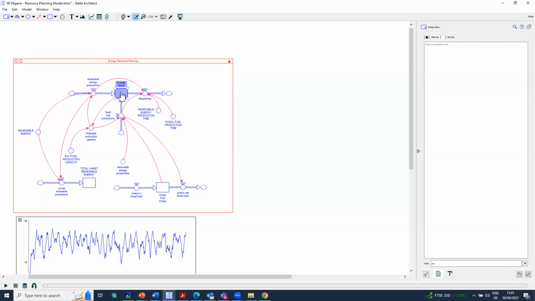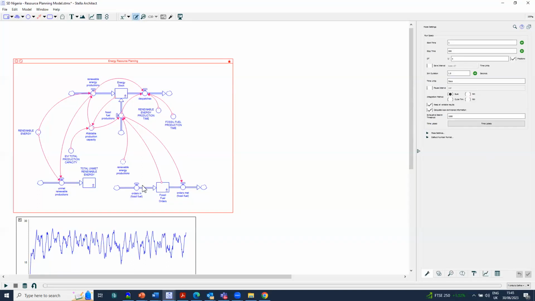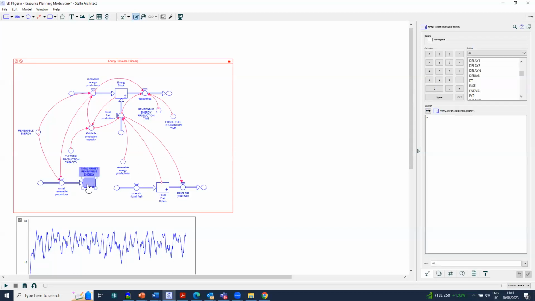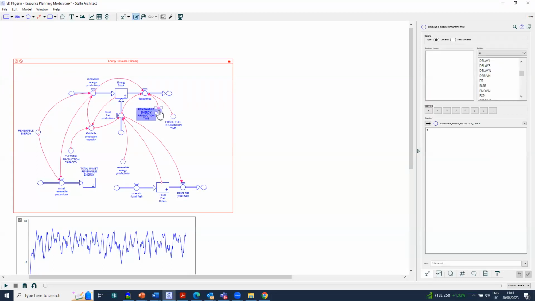So if you click on the stock, the original stock we assume at the beginning of it was 0. In the case of unmet, also all the stock was recorded at 0 at the beginning. Is that correct? The time to produce renewable energy, we saw it in the brief, it was 5. So when we click on it, it shows 5.